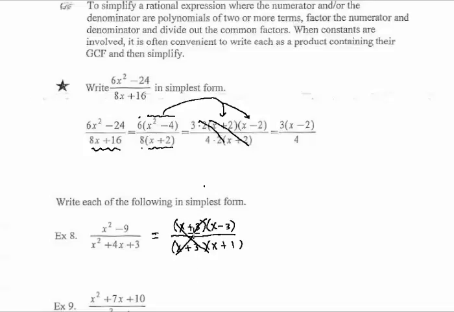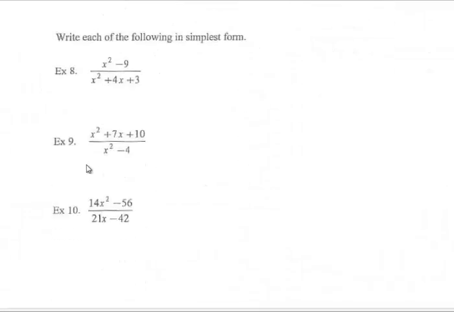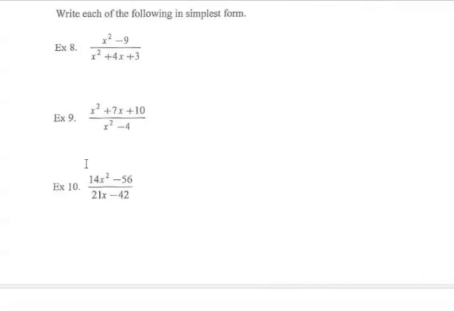So we strike out the x plus 3 and we just simply write x minus 3 and x plus 1. And if you're good at factoring, you'll see that these go a little bit quicker than the ones where we have to break up the fraction into several fractions.